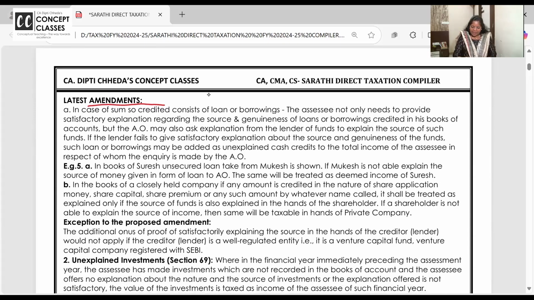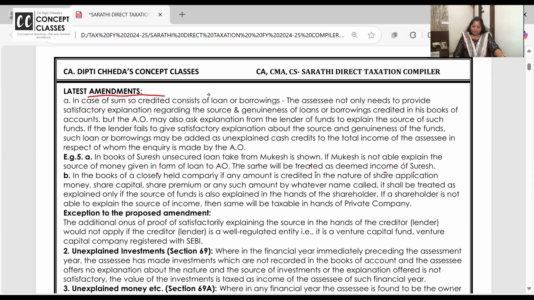So for example, in the books of Suresh, unsecured loan from Mukesh. If Mukesh is not able to explain the source of the loan he has given to Suresh, then this will be taxed as income of Suresh. Suresh is saying, I have taken a cash loan from Mukesh. Mukesh has no answer where it came from. Suresh, it was found in your book, it is your money, you pay the tax.